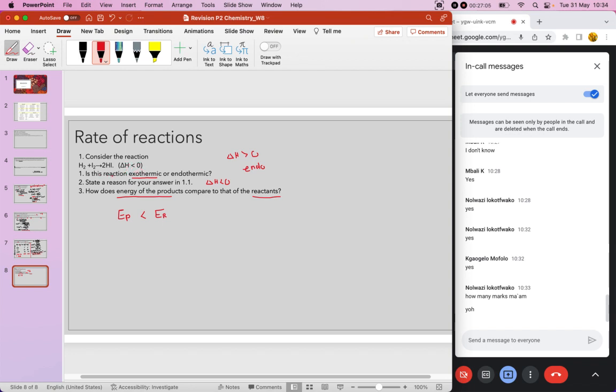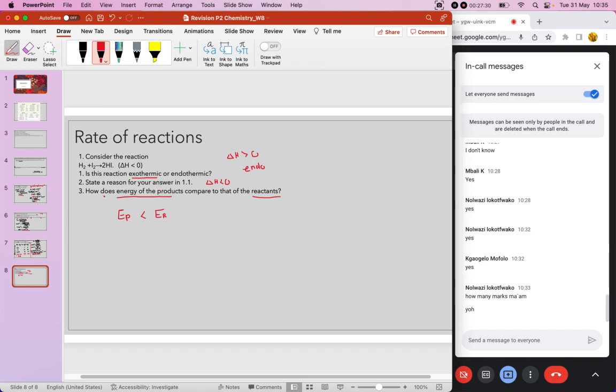Is this reaction exothermic or endothermic? When the enthalpy change is less than 0, the reaction is exothermic, and when the enthalpy change is greater than 0, it is endothermic. And that's why the reaction is exothermic.